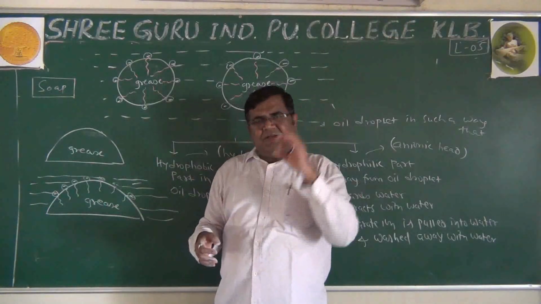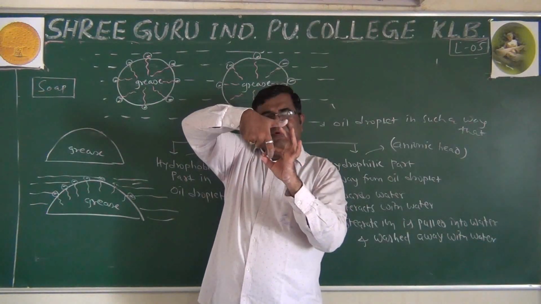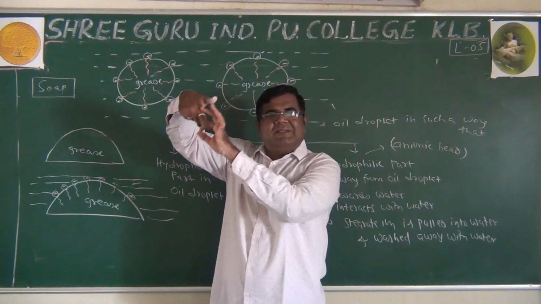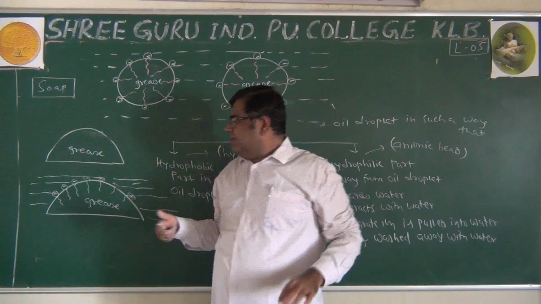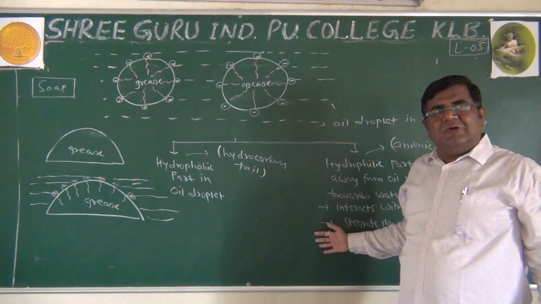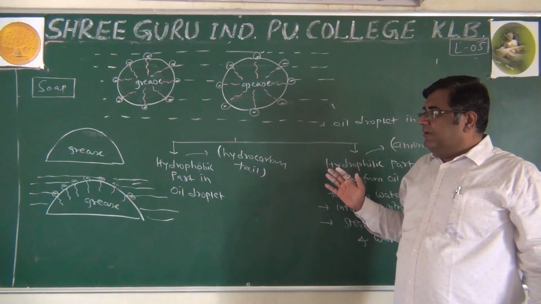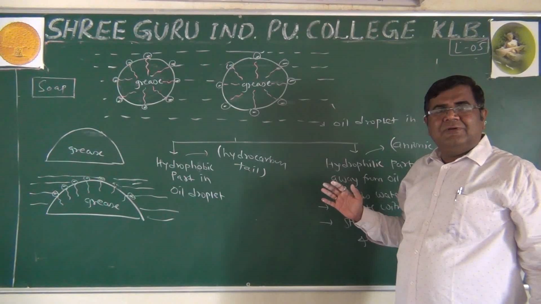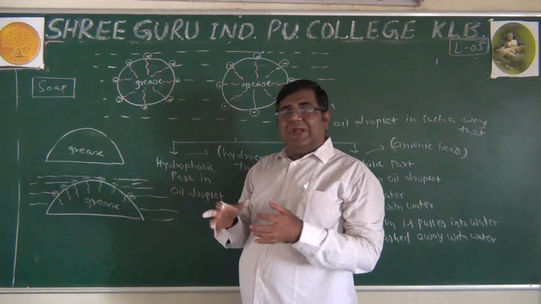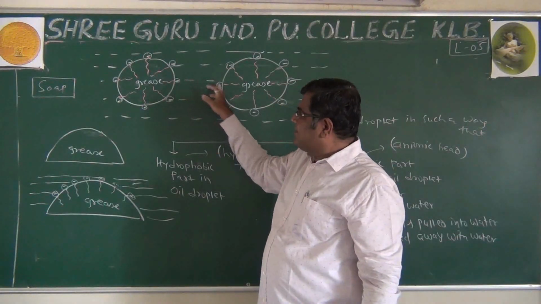Suppose this is the oil part and this is soap. It enters into it and takes away water like this. So understand this mechanism. Two to three sentences you have to write on how soap is useful in cleaning the cloth surface. And these particles won't coagulate or aggregate now because this is also negative charge, this is also negative charge.